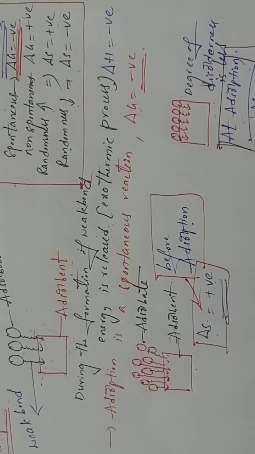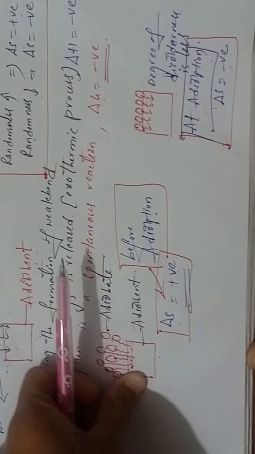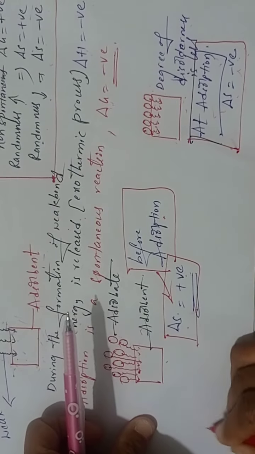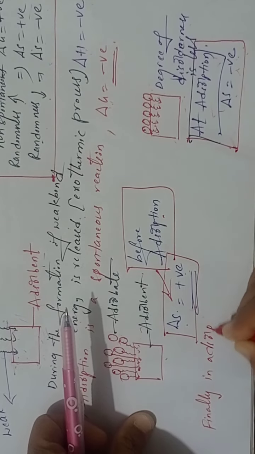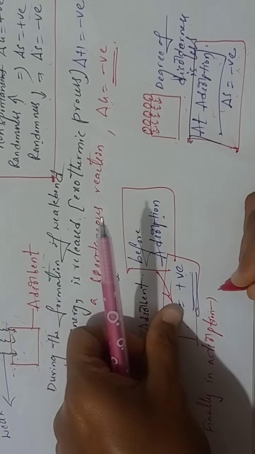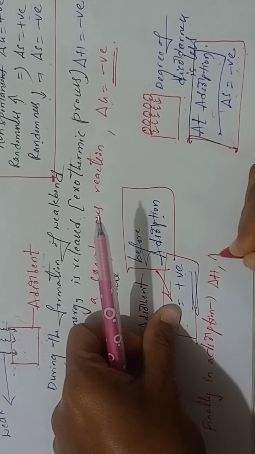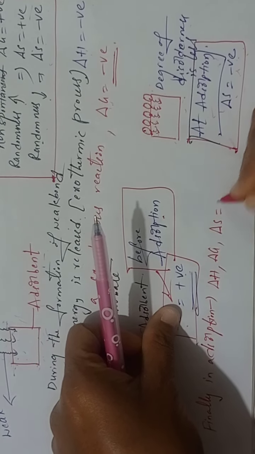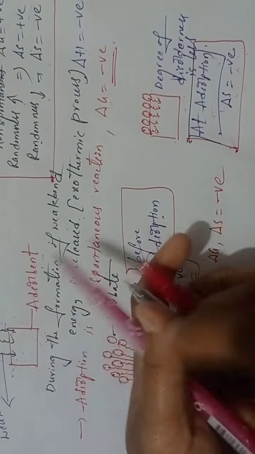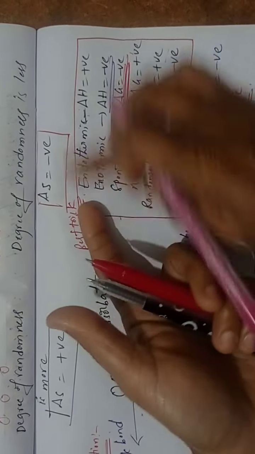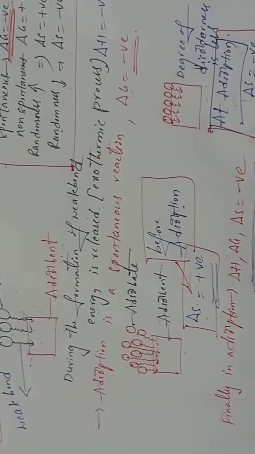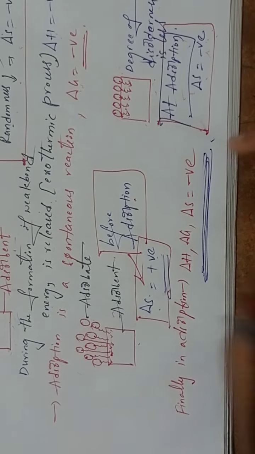So finally, what we can say: in adsorption, delta G, delta H, and delta S, these three are negative. Are you clear? This is the best trick you have to practice, students. If you understood all these basics, then why these three are negative in adsorption, you can easily understand.